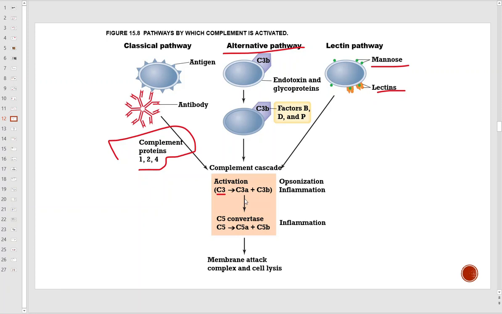C3 splits into C3a, C3b. Going to cause C5 convertase. That's just an enzyme to split C5. C5b is going down here, and C5a is going over there. They've actually got these things labeled a little bit odd.